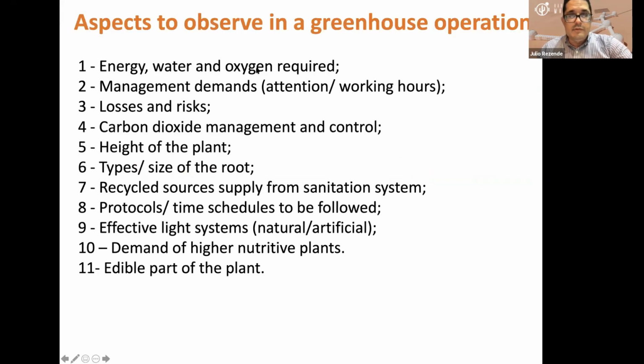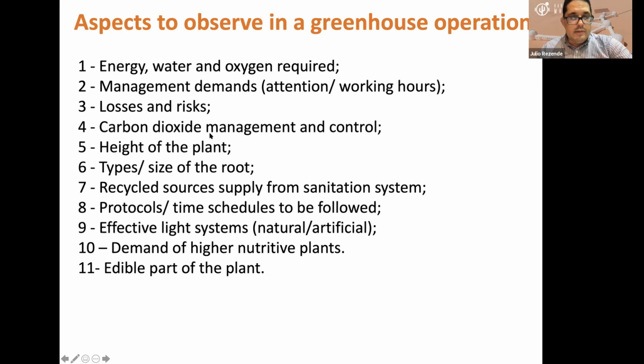Some aspects to observe in a greenhouse operation are the demands for energy, water, and oxygen, also management demands like the quantity of attention and how many working hours are necessary to operate the greenhouse, also losses and risks of some cultures.